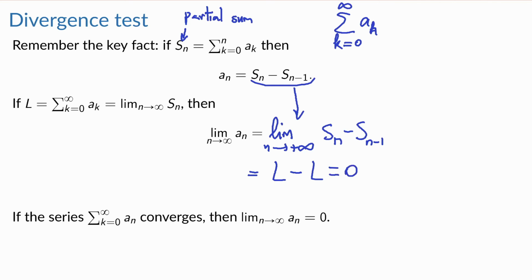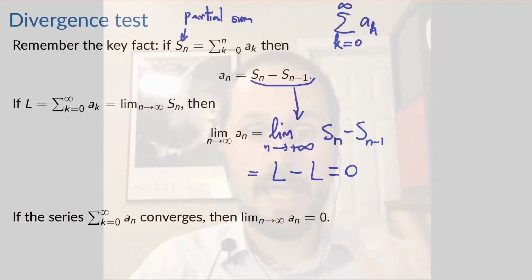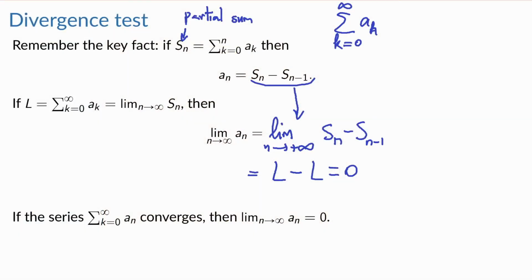So what we're concluding from this is that if the series converges to some finite limit L, then the individual terms of my series have to go to 0 as n goes to infinity. So here we have that if the series sum from k equals 0 to infinity of an converges, then the limit as n goes to infinity of an is 0.